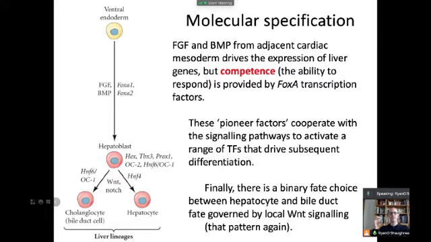So a binary decision is made between the bile duct cells, these cholangiocytes, and the hepatocytes. So again, it's Wnt signaling, or the absence thereof, causing a binary choice between two tissue fates.